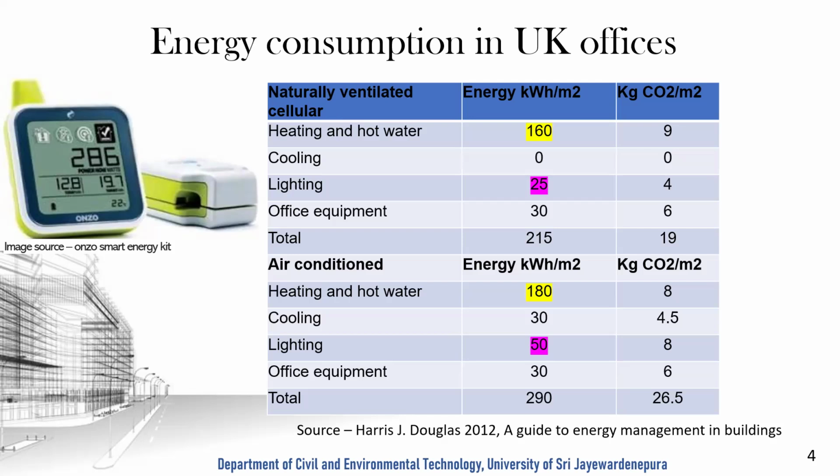Naturally ventilated means windows, doors, etc., and lighting. And then the second part, air conditioning. In those countries they have summer, winter, etc. That's why they have heating and hot water requirements as well. If they run air conditioning, you can see that for the same office, the consumption increases.